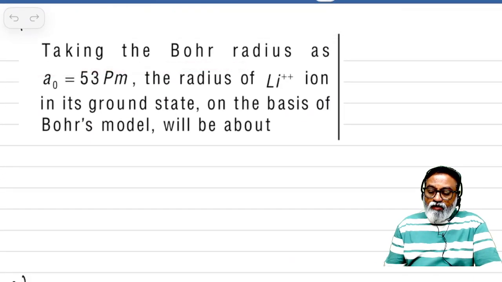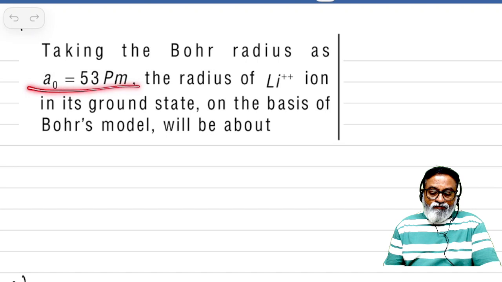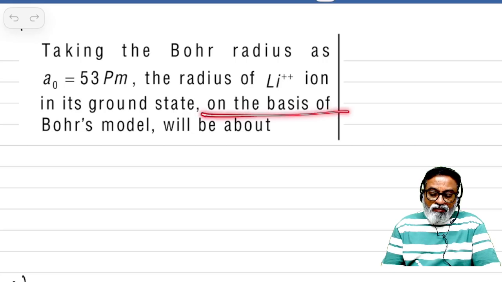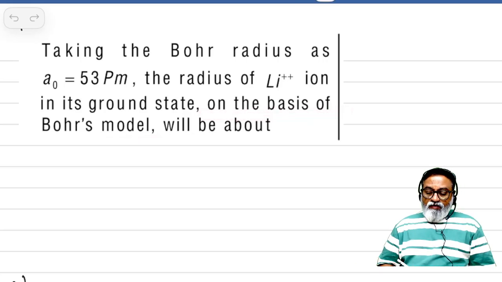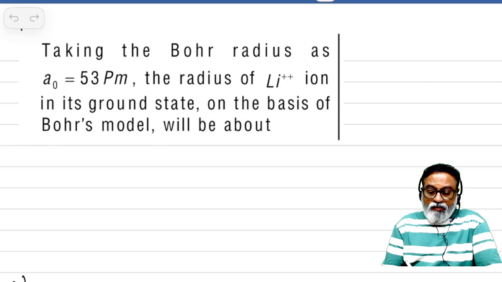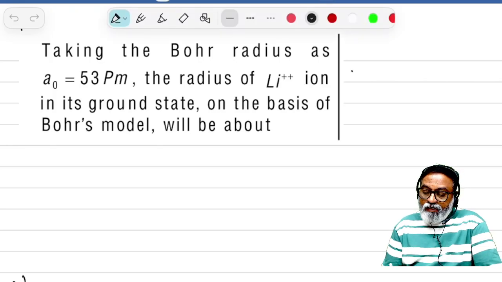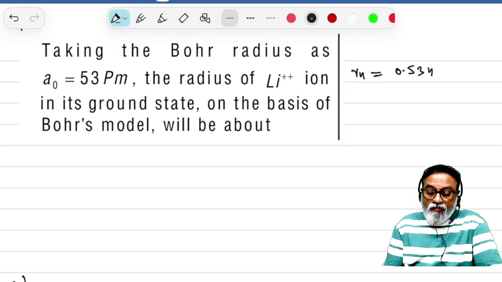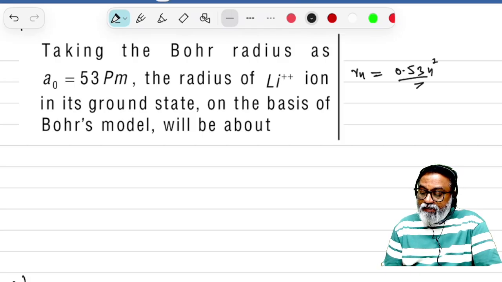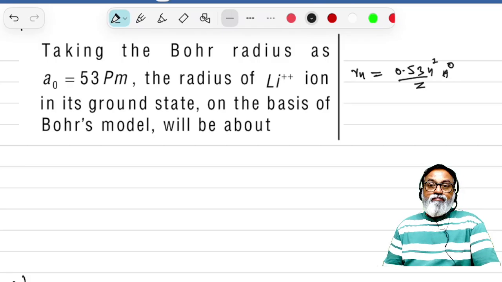Taking Bohr radius as a0 equal to 53 picometer, the radius of lithium 2+ ion in its ground state on the basis of Bohr's model will be about... See here, radius in nth state Rn is equal to 0.53 n square by Z angstroms.